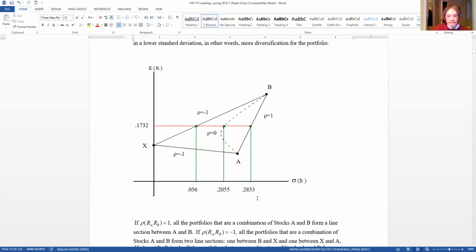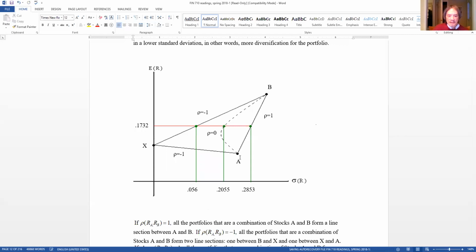So, if we combine A and B into portfolios, of course, we can just change the weight for the two assets.